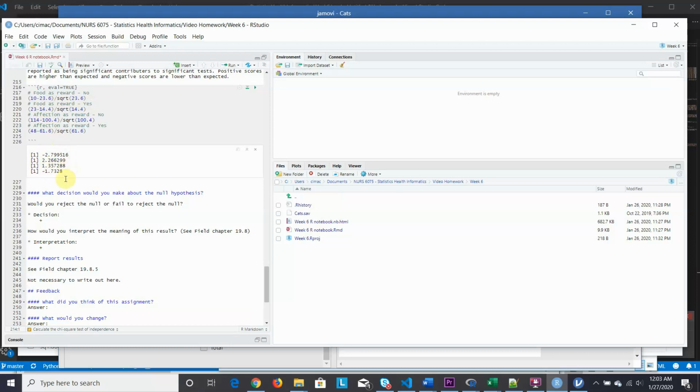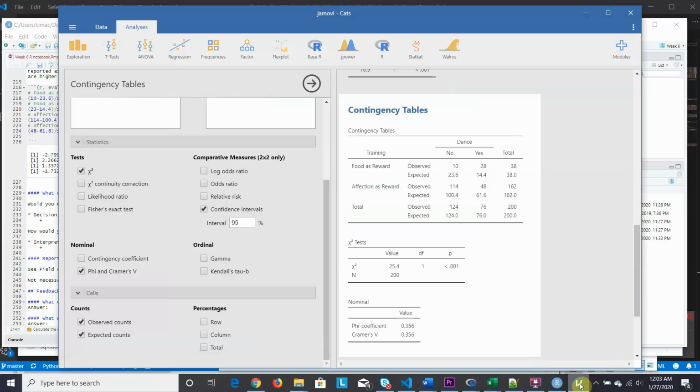Really what this is telling us is that using food as a reward seems to be less effective at getting cats to dance because our observed frequencies are lower than what we had expected based on just calculating them. And using affection as a reward seemed to be a little more effective at getting cats to dance because that observed is higher. With those standardized residuals, we calculated those, and we could see that those scores were beyond 2.